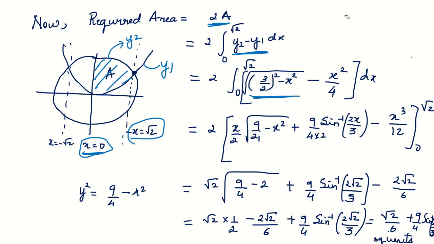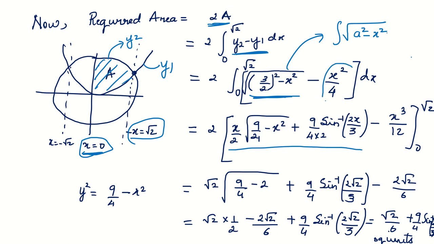This is like integrating the square root of a square minus x square, whose formula is x by 2 root of a square minus x square plus a square by 2 sine inverse of x by a. That is here, this whole thing, minus the integral of this, which is nothing but x cube by 3 into 1 by 4. Put the limits and you'll get the answer. That's it.